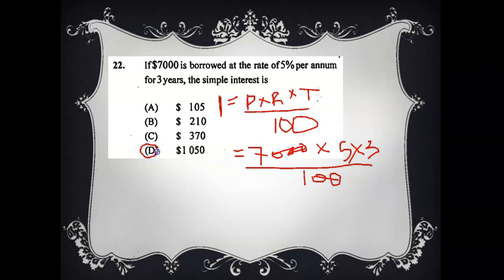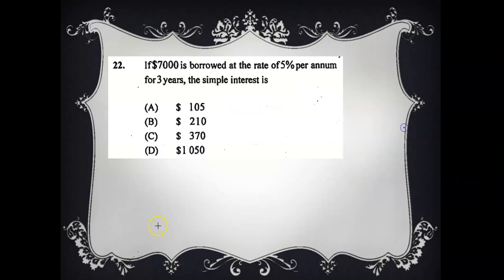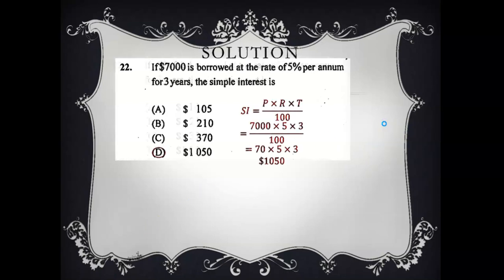And we would get 1,050 for our answer. And if you need to write it down, that is the solution. Of course, you can always pause to see and write.